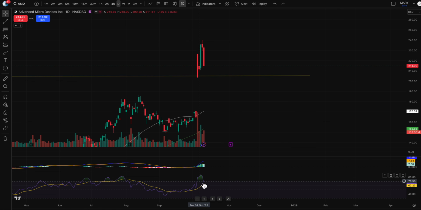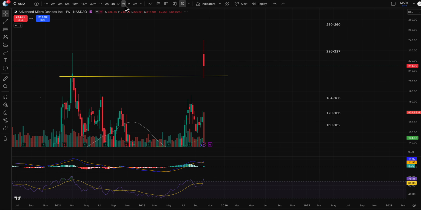Okay, we do have an overbought territory here, but it seems like it's cooling off. So hopefully this candle will give us a green candle and then surpass this 240 to create a new higher high to confirm the inverse head and shoulder.